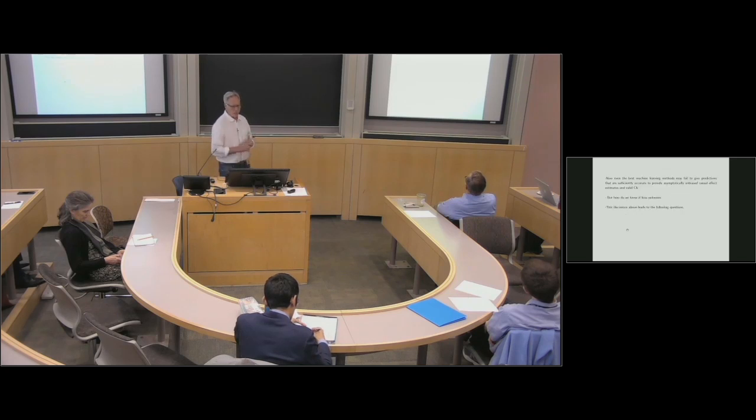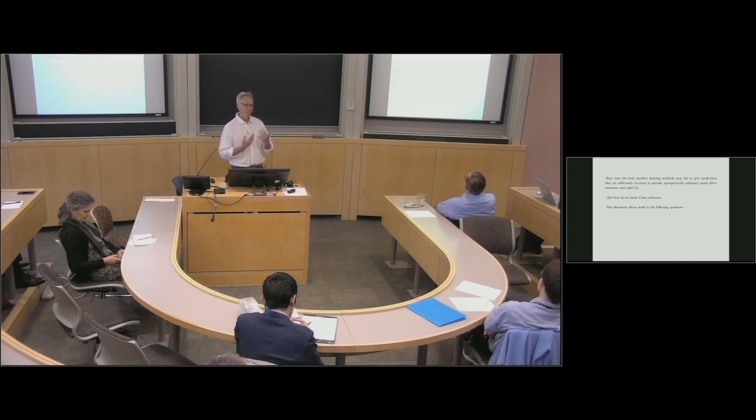The reason we want to do this is that obviously the best machine learning methods may fail to give predictions that are sufficiently accurate for that bias to be of order less than 1 over the square root of n. When you have that many covariates, it doesn't matter what program you have, you'll often not get good estimates, because it's very hard to deal with that many covariates. So how do we do it if the bias is unknown?